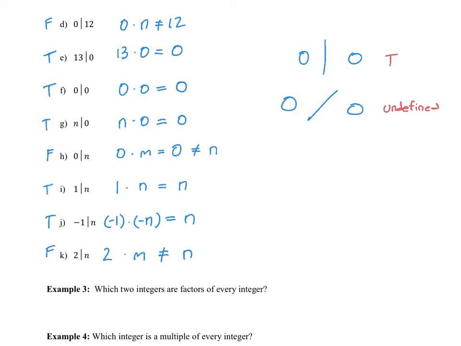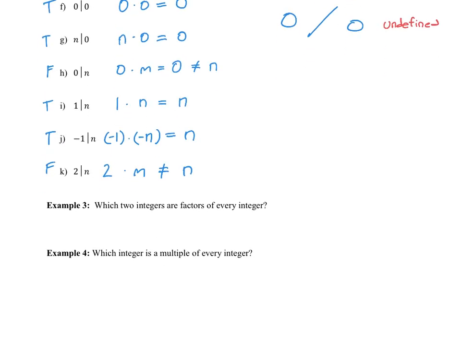Okay, so if we look above, which two integers are factors of every integer? Factors of every integer would be cases where it's true and we had any integer on the right-hand side. So these two cases here. In this case, we have plus 1 and minus 1.